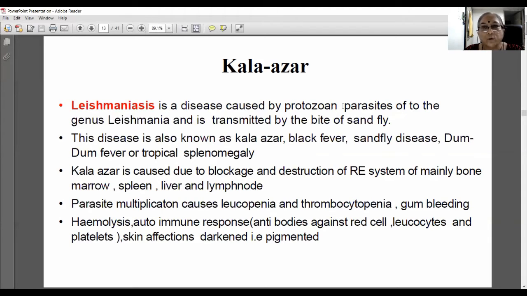As I told you already, they infect young children and have a greater tendency to cause lymphadenopathy.